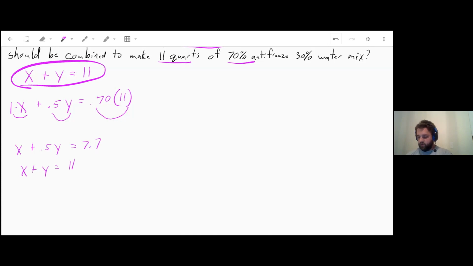So what I would probably do here is take this equation and solve for X. So if we subtract Y from both sides, we'll have X equals 11 minus Y. Because now we can substitute that in for our X in this top equation. So we'll get 11 minus Y plus 0.5Y equals 7.7.